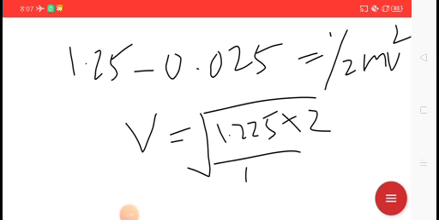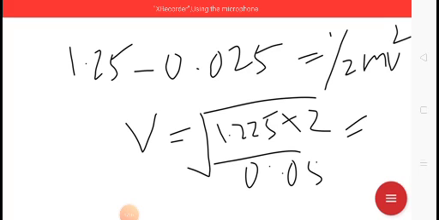Times 2 over 0.05. Right, so you will get 7 meters per second. This is the final speed that you will achieve when the ball approaches the floor. Okay, so this is for question 2.